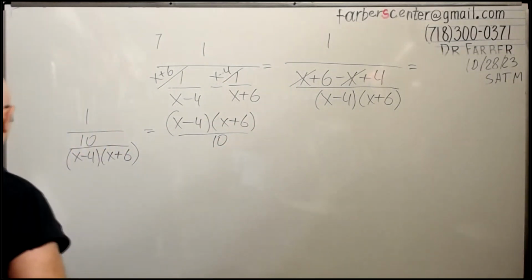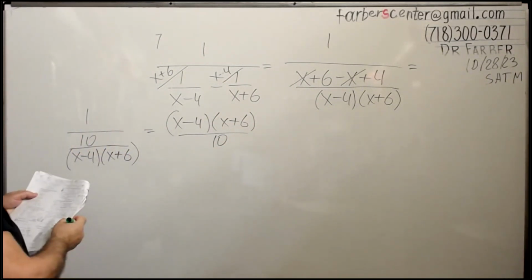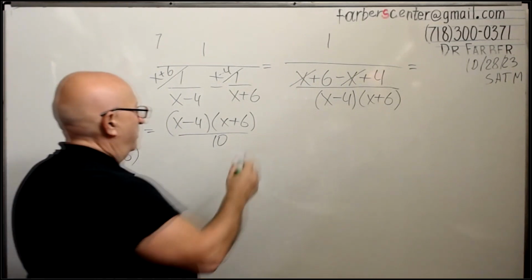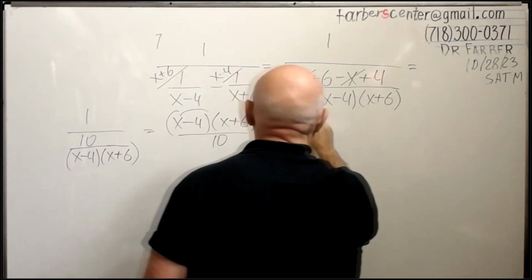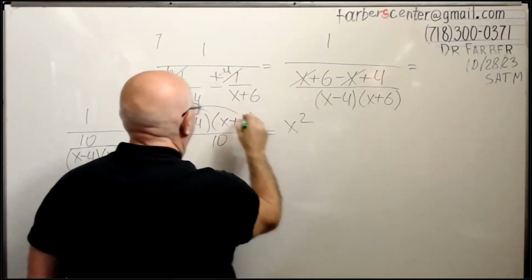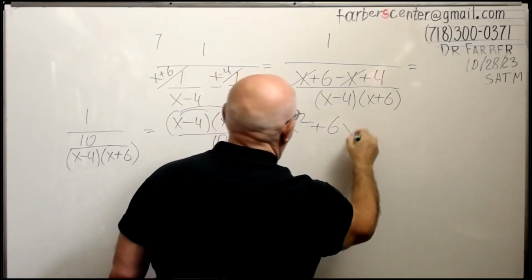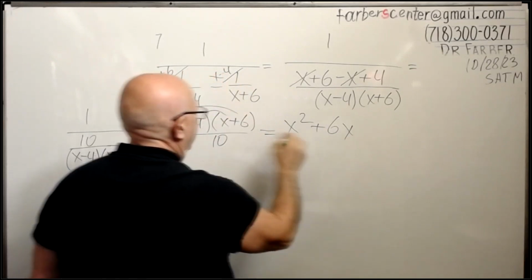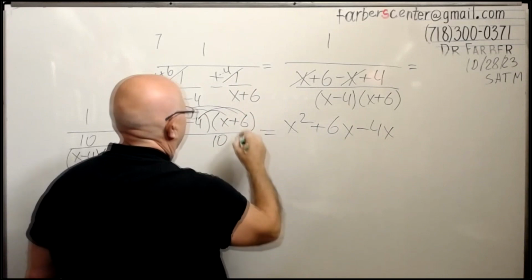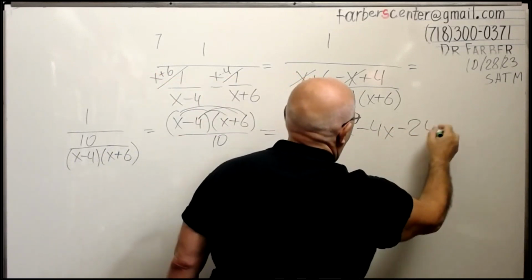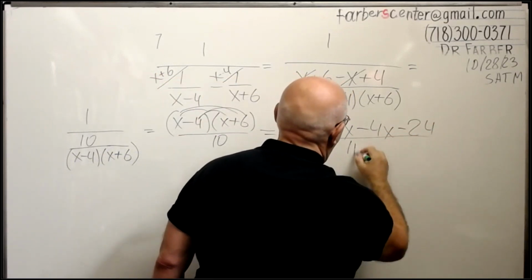You can write an expanded form if they ask you. Expanded. Apply the distributive rule. It would be x to the second plus 6x minus 4x and minus 24 over 10.